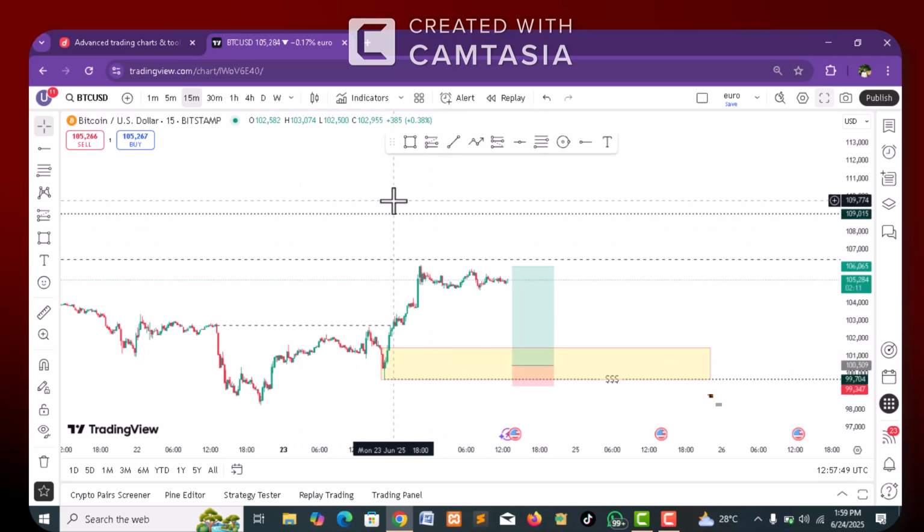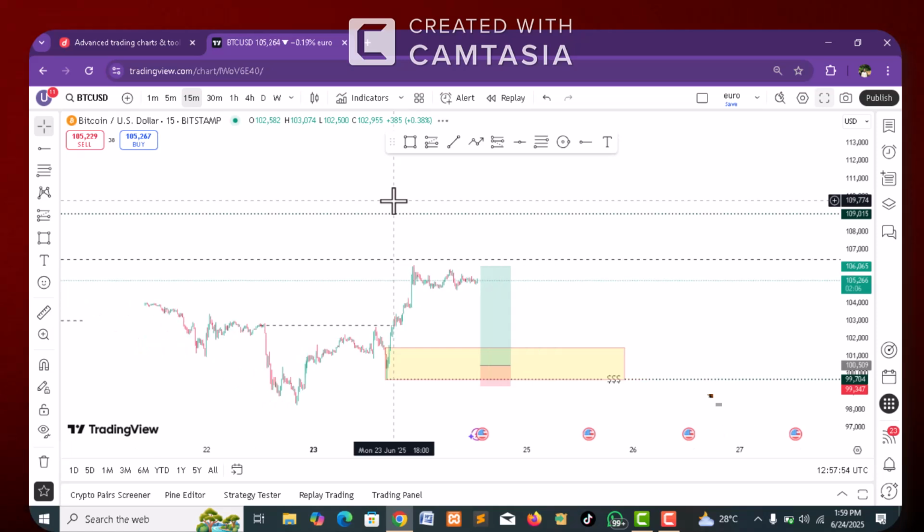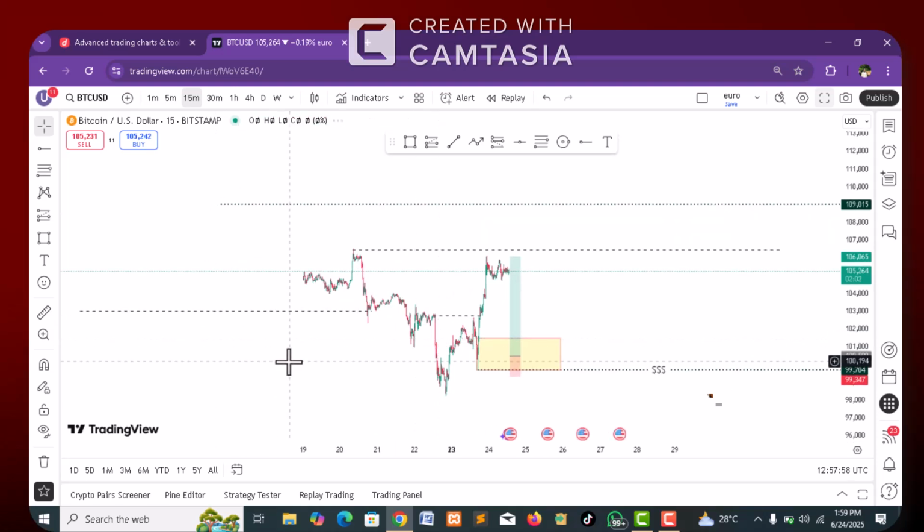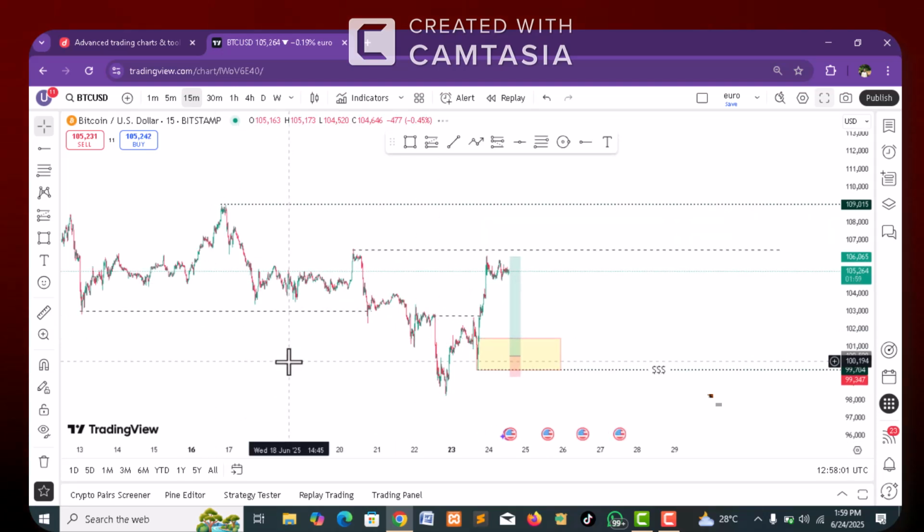So as you can see, with just this small analysis, I believe you know how day traders normally analyze their market. Day traders move to the daily time frame to check the overall trend, down to the 4-hour time frame to put their market structure, the 1-hour time frame to mark out their point of interest, the 15-minute time frame to know their area of concentration, and the 5-minute or 1-minute time frame to check for the institutional reference point, which is change of character. Then they go back to the 15-minute time frame to take their trade.